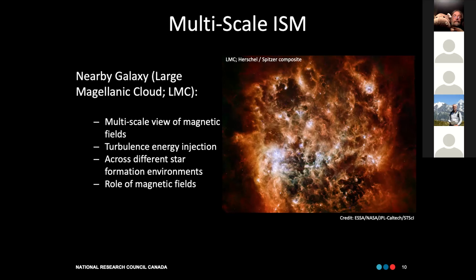And with the resolution of FYST, we're able to resolve about 8 parsecs. So we'll be able to get down to molecular cloud and star-forming regions to explore the role of magnetic fields in star formation.